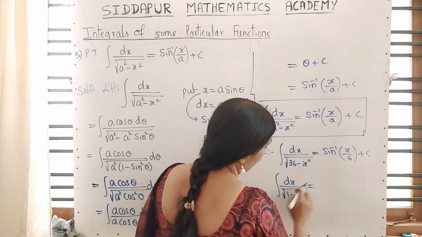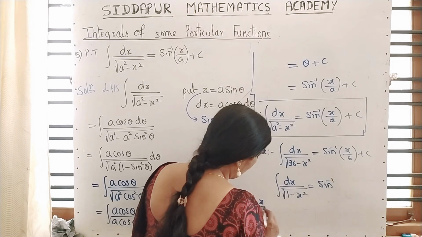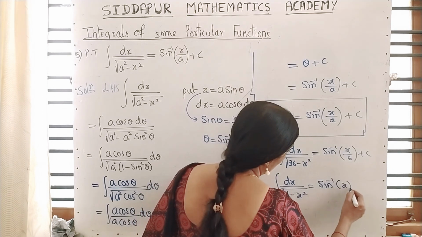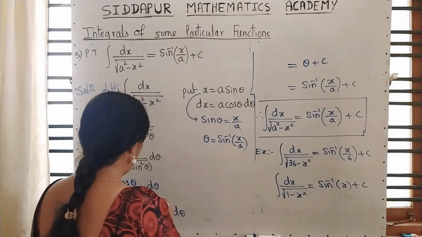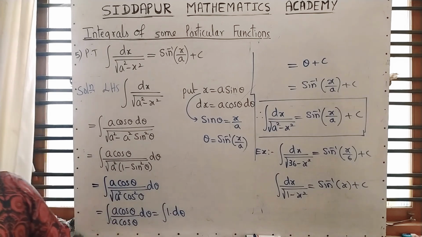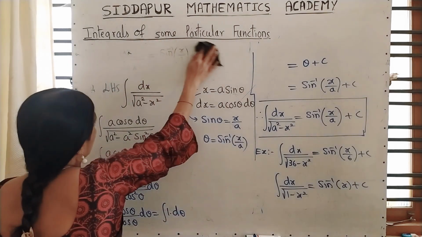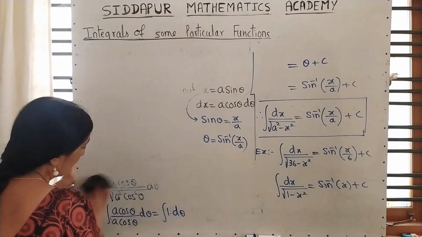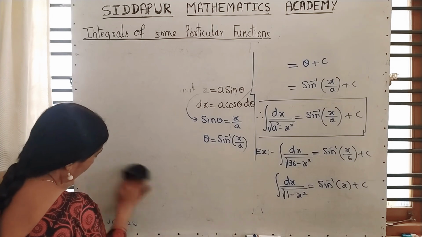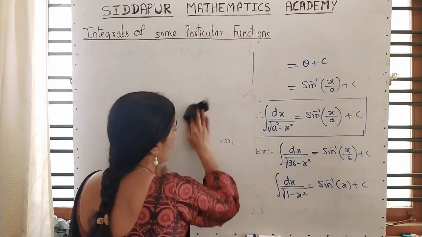In place of a we have 1, so instead of x by 1 we can write only sin inverse x plus c. Like this we are using. Moving to the next formula, that is the last one in NCERT. So many formulas are there. Whatever is there in the syllabus, according to that we have 6 formula derivations, and in the examination they can ask one formula for 5 marks.